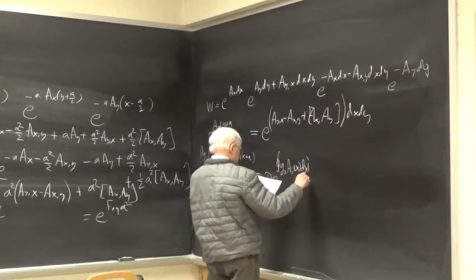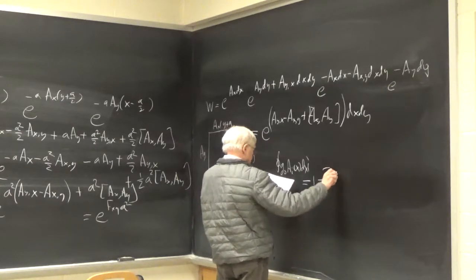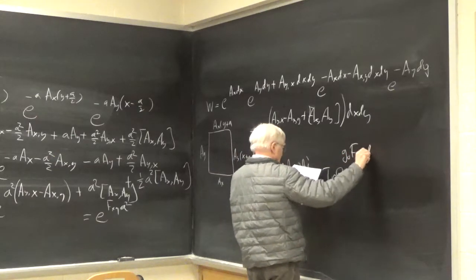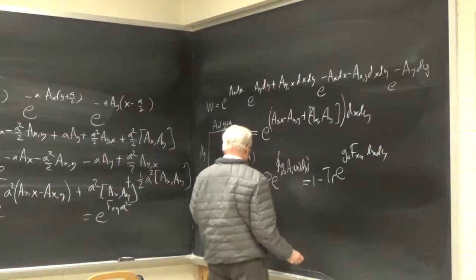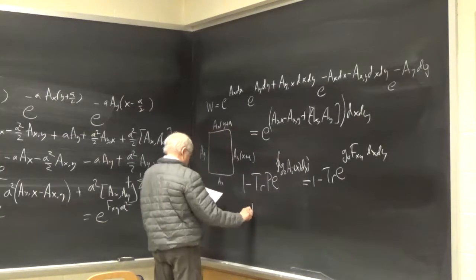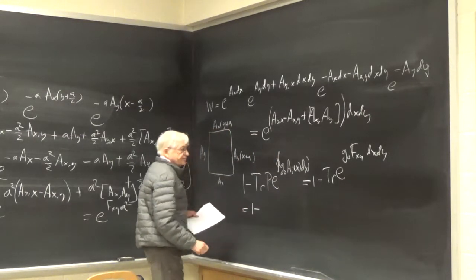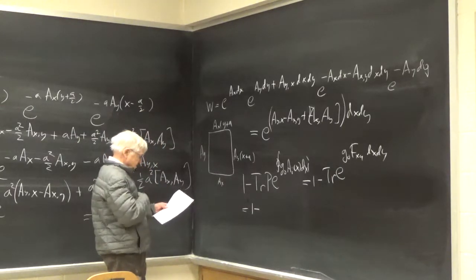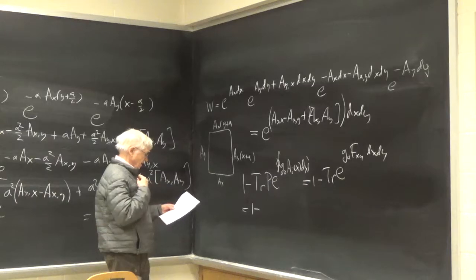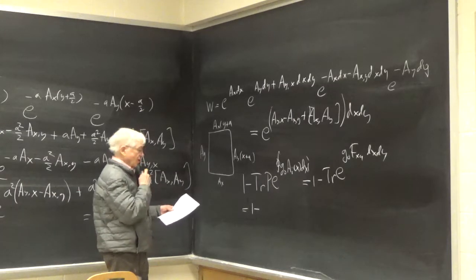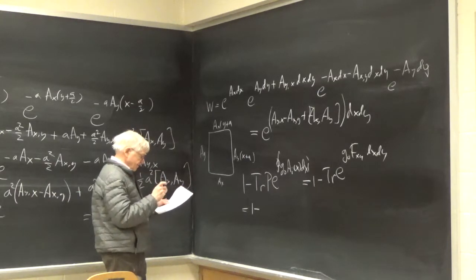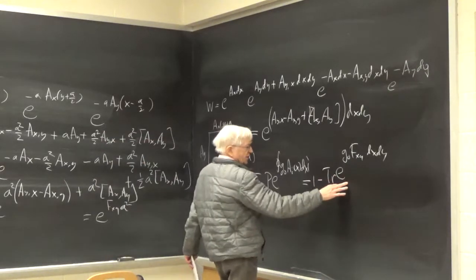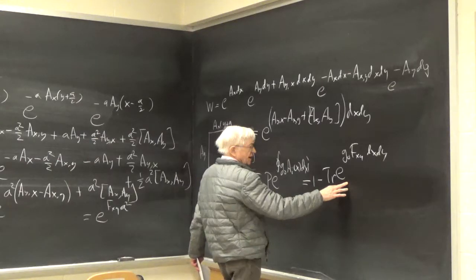And so this is 1 minus the trace of e to the g0 F_xy dx dy, and that is then 1 minus, actually there's a typo here, because the ones cancel. So the first term here, of course, is 1.